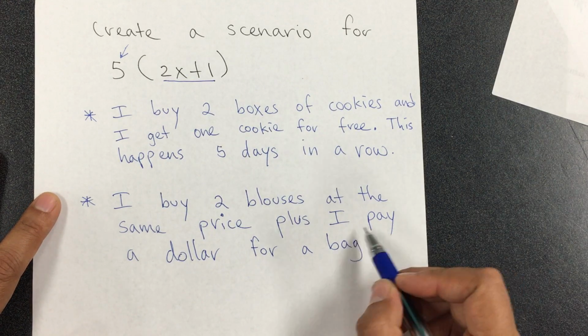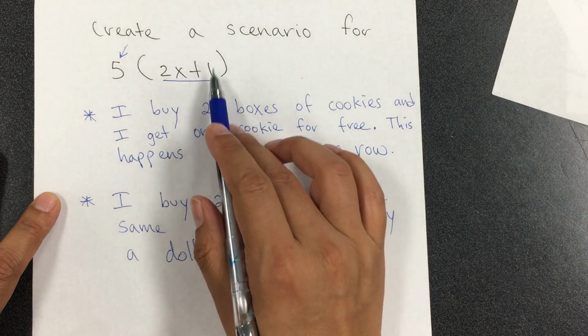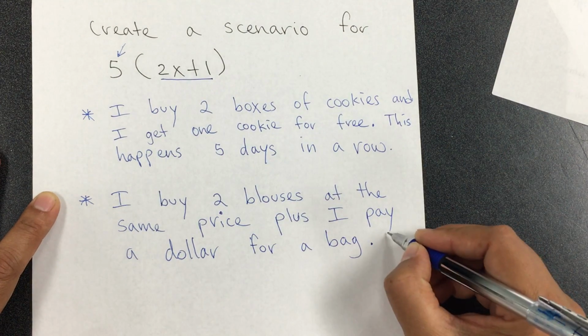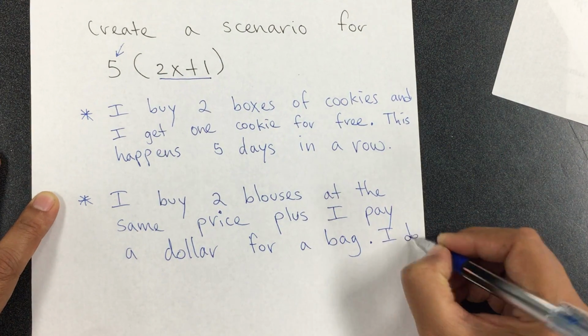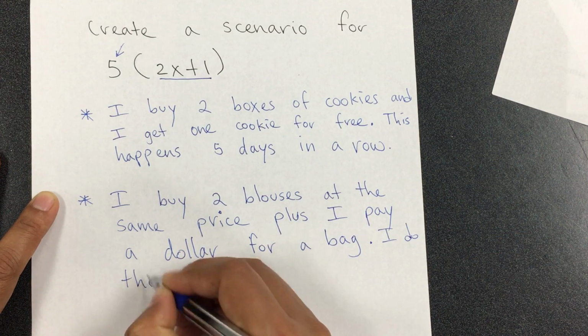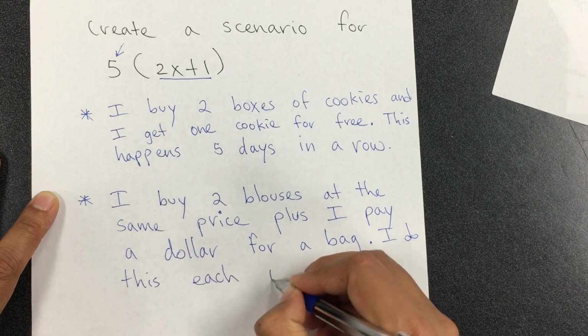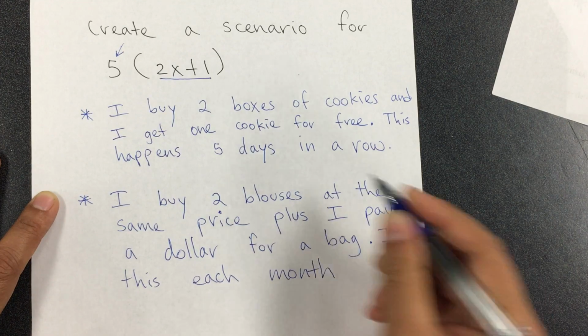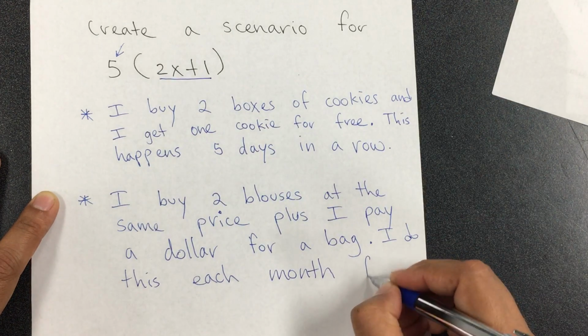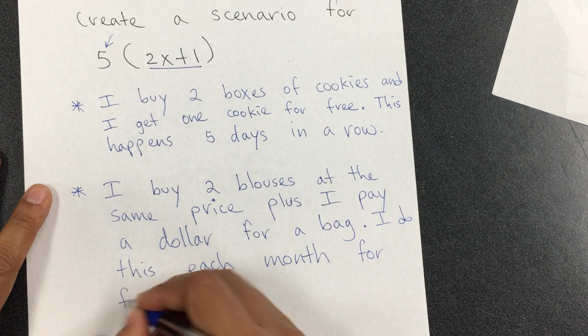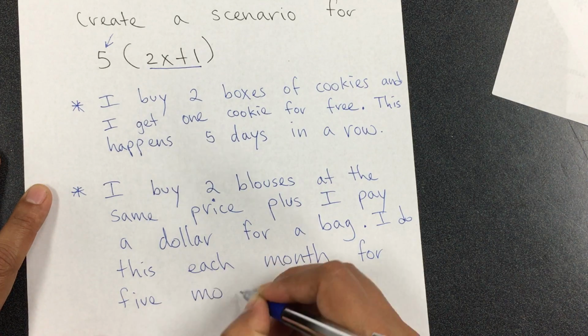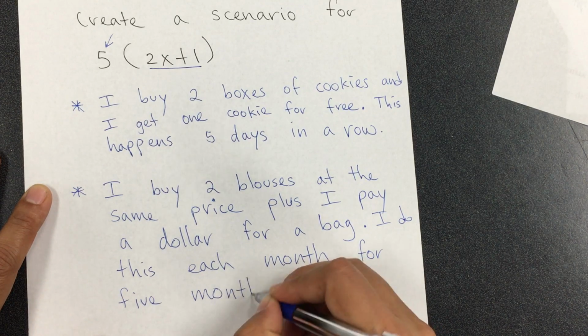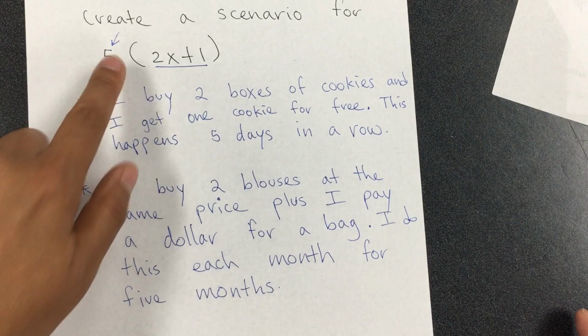So you can also say that I donate $1. I do this each month. For how many months? For 5 months, because it's repeating. The same thing is taking place 5 times.